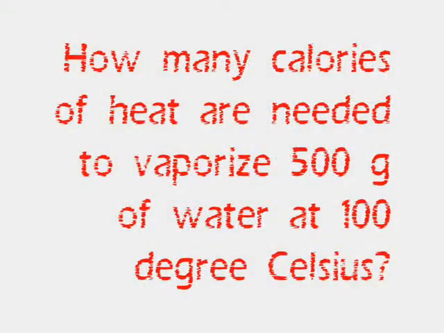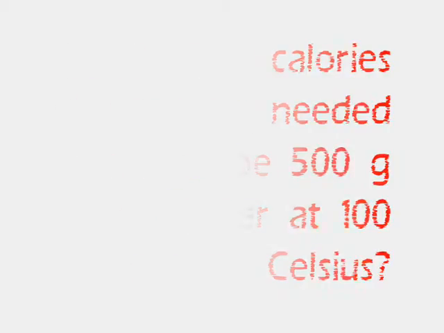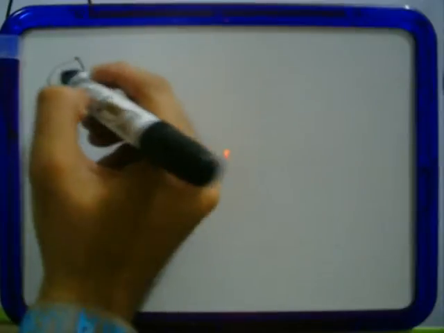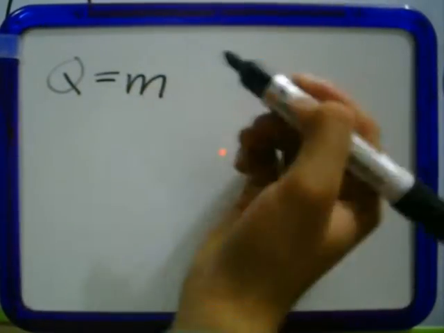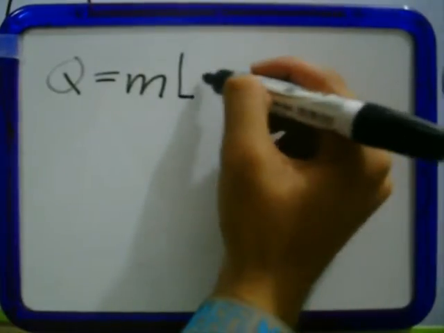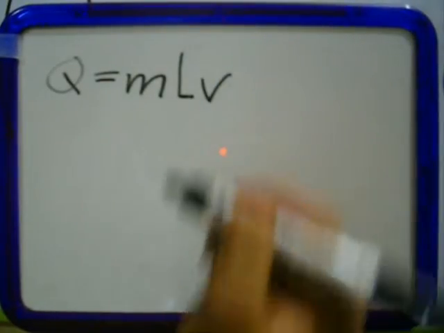How many calories of heat are needed to vaporize 500 grams of water at 100 degrees Celsius? Heat needed is equal to mass times latent heat of vaporization of water.